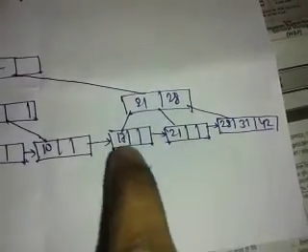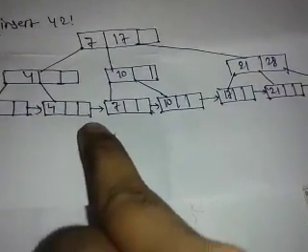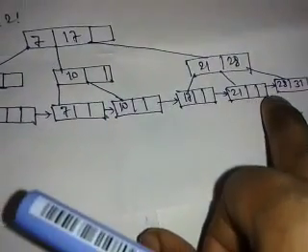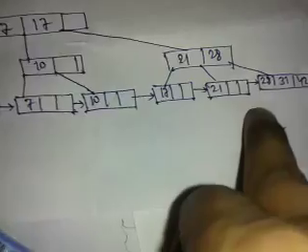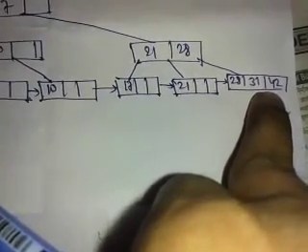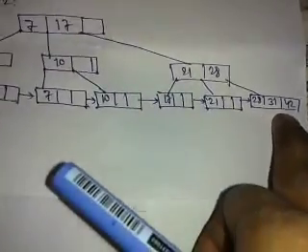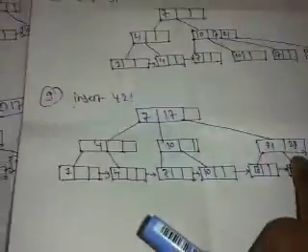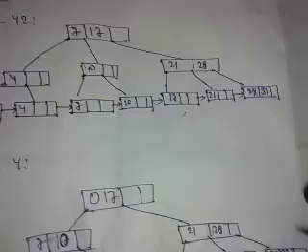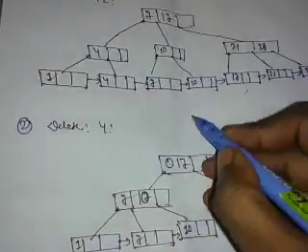This is the leaf node, and you can see all leaf nodes are connected to each other. This is very necessary in the B plus tree. Since 42 is a leaf node element, we can simply discard it without any further calculation. So here we have discarded 42, so we are done with 42.